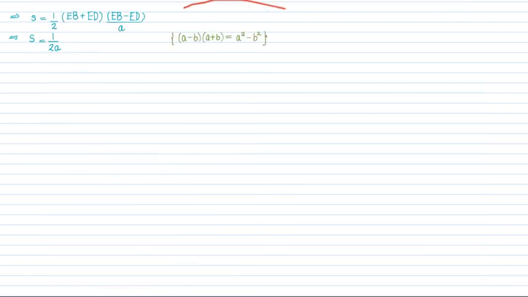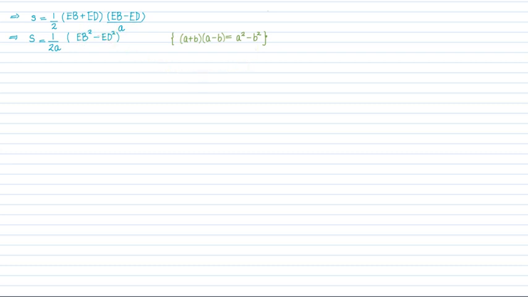So using this algebraic expression, a plus b multiplied with a minus b will give us a square minus b square. The same relation can be applied here. Here EB will represent a, ED will represent b. So EB plus ED multiplied with EB minus ED can be written as EB square minus ED square using this relation.